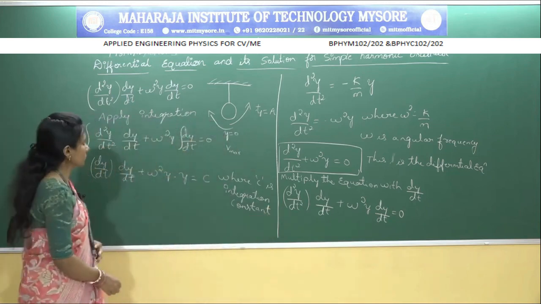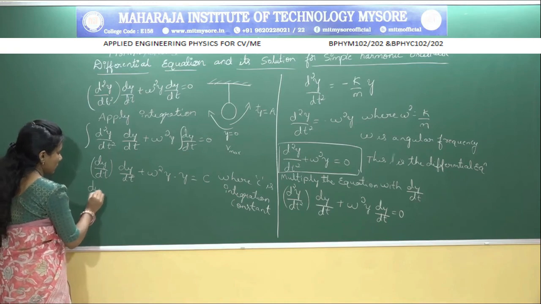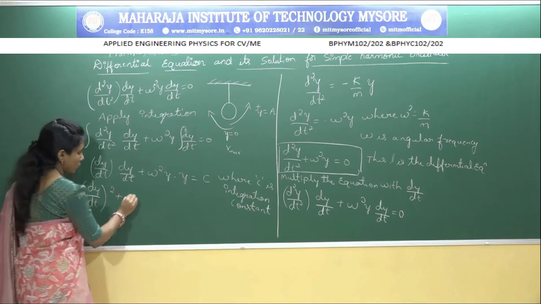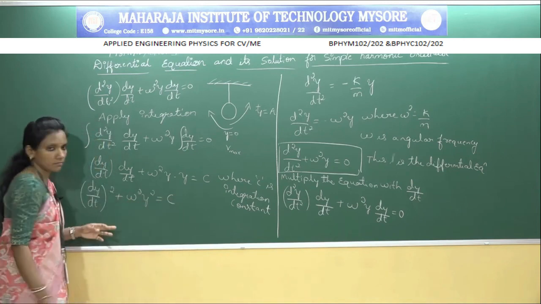So what we got is (dy/dt)² plus omega square y² is equal to c.